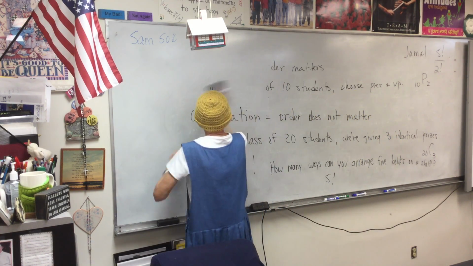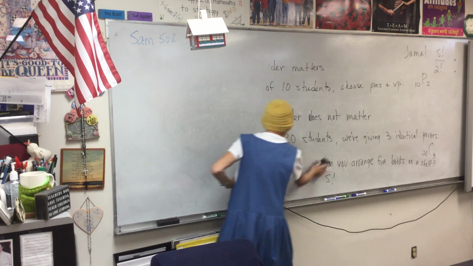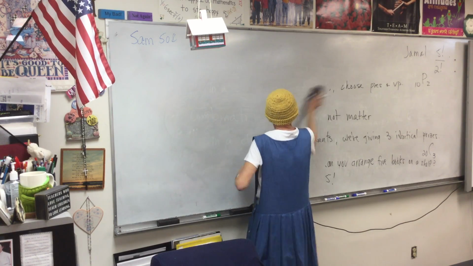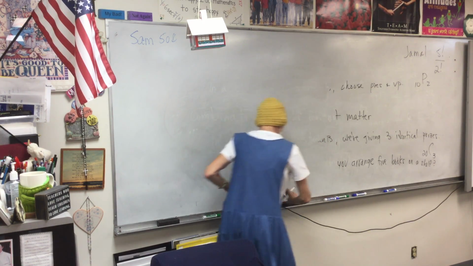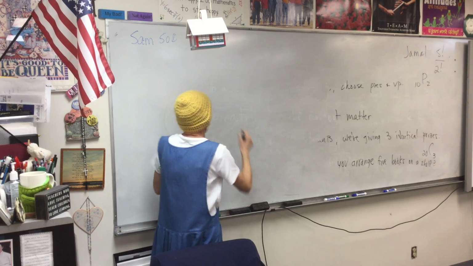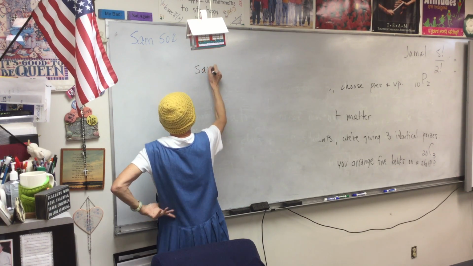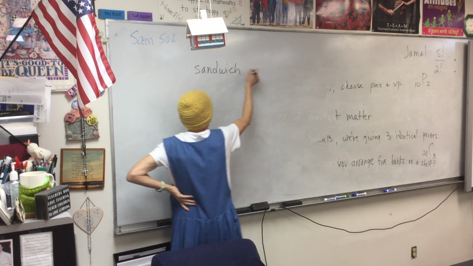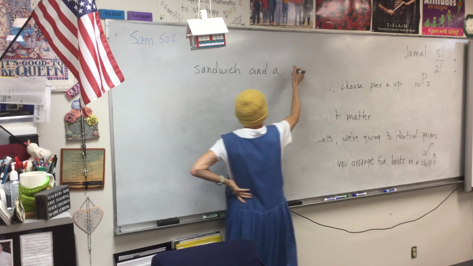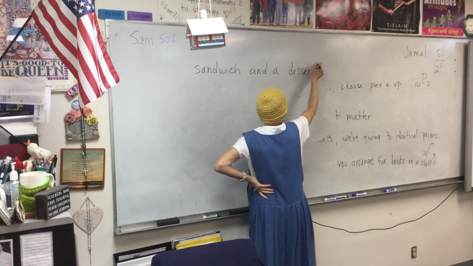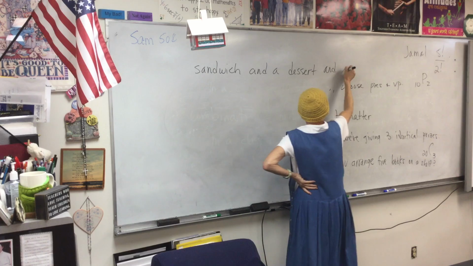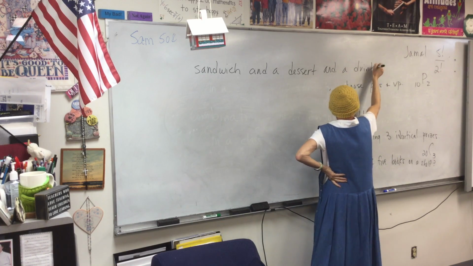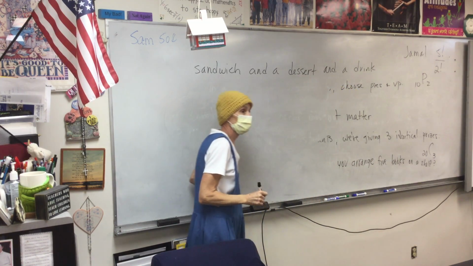Let's suppose that I go down to the cafeteria and I'm going to have a sandwich and a dessert and a drink. Okay, this is going to be my lunch.